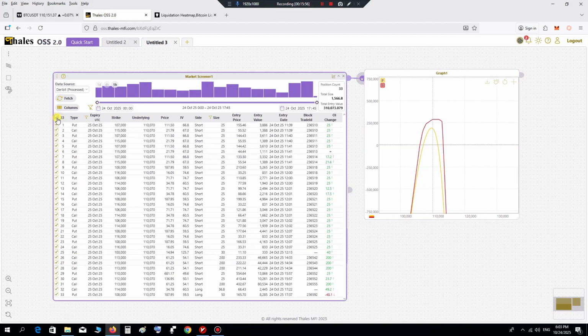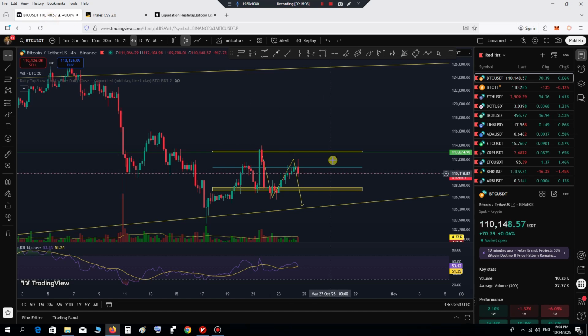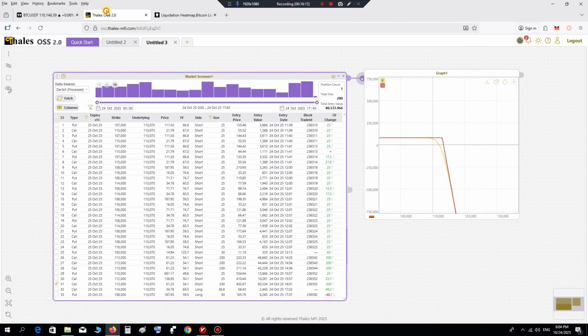Alright, the large trades we have here as singles. Look, we have a 200 Bitcoin position. Short call at 113. Which means, with the wick we just made, you could say it's pretty much been realized. With this, even the trader's speculation came true.